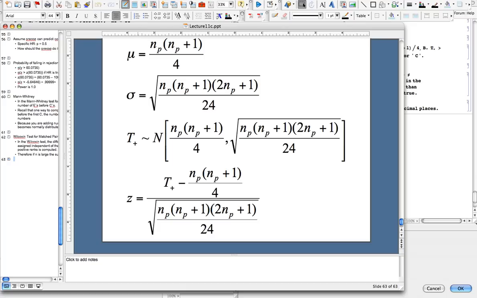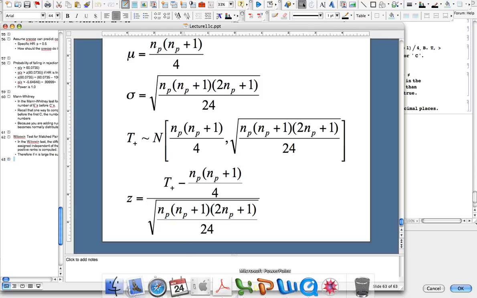Okay, so I'm going to compute that. The number of pairs I had was 46 multiplied by 47 multiplied by 2 times 46 plus 1, so that's 93. So 46 times 47 times 93, divide that by 24, and take the square root.